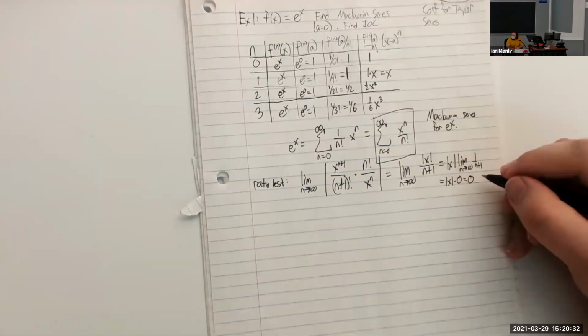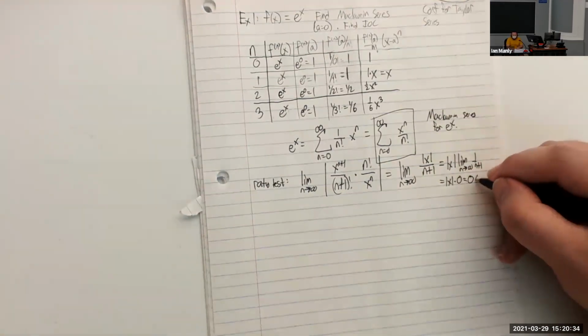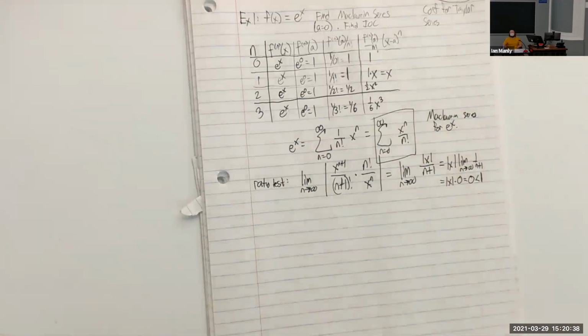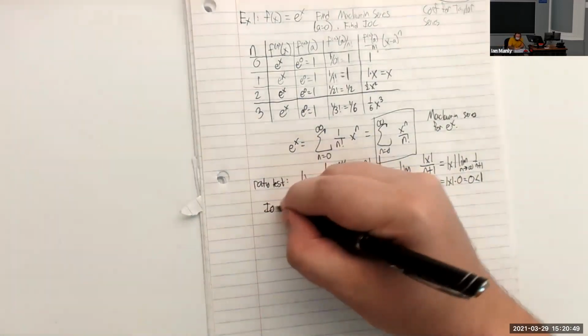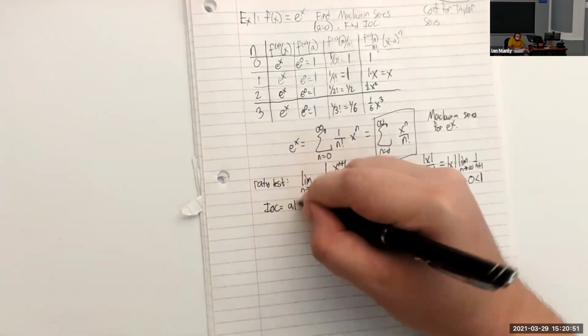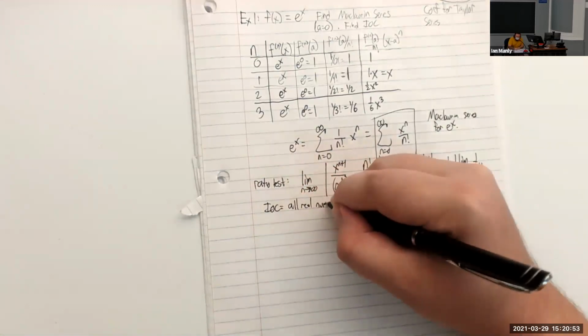Now remember, the whole goal of the ratio test is to be less than 1. No matter what x we plug in, we're always going to get 0, so it's going to converge for all of them. That means that the interval of convergence here is all real numbers.